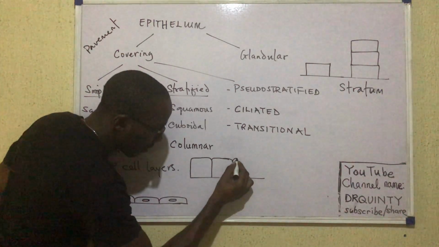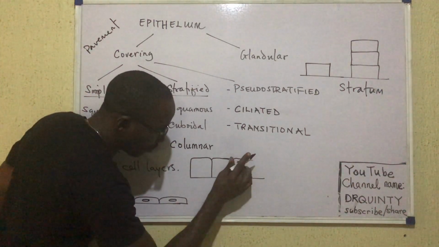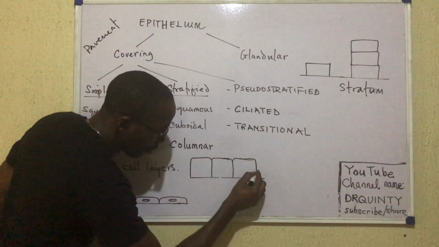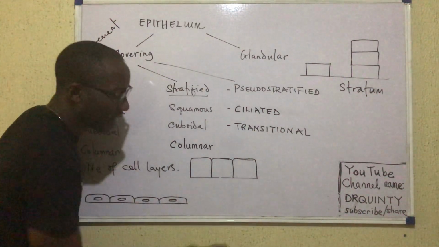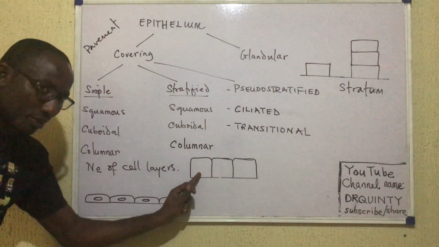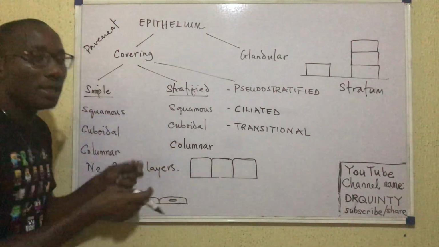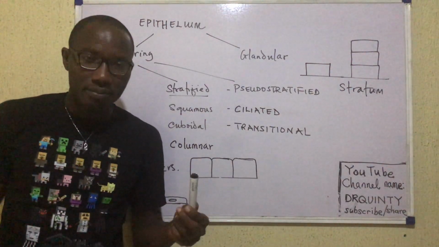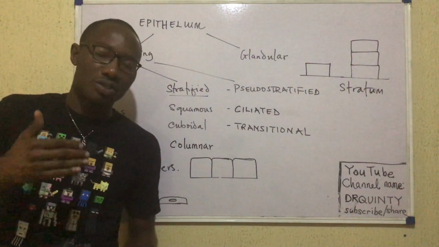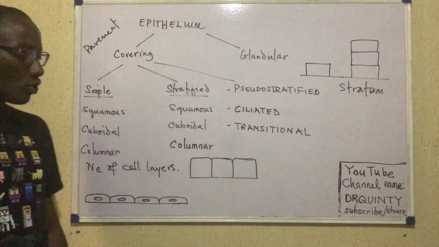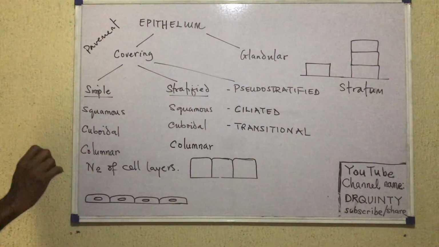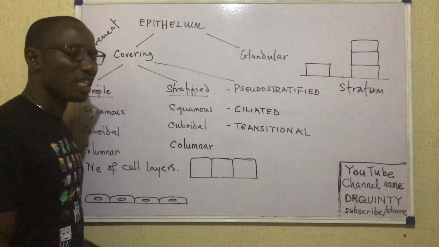And this time around, if you compare what you have now to what we drew before, you'll see that in this case, it can be said that the cells are as wide as they are tall. That is, their width and their height are just about the same. So when you have their width and their height just about the same, that resembles a cuboid.